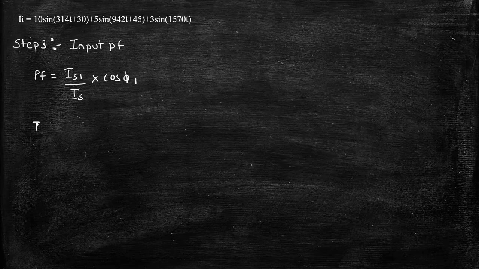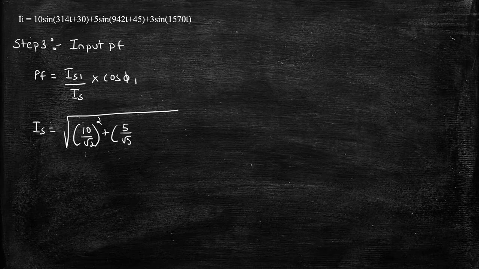But we need to find the value of Is, which is the RMS value of the secondary current. How do we find the RMS value? 10 divided by root 2 whole squared, then 5 divided by root 2 whole squared, then 3 divided by root 2 whole squared.